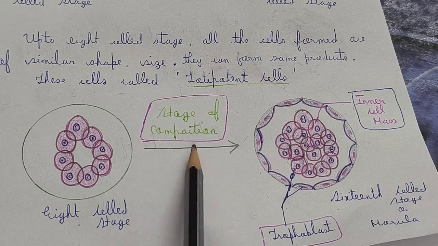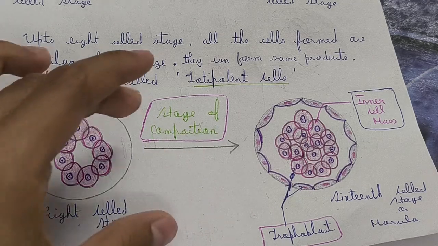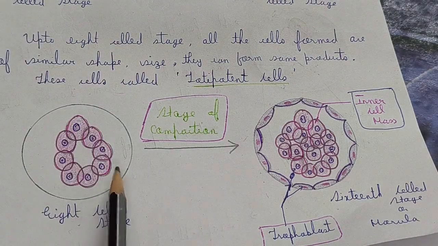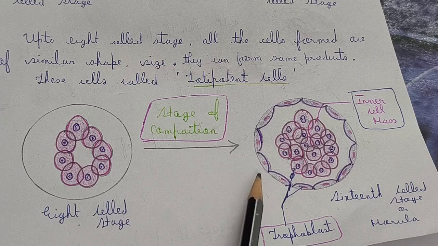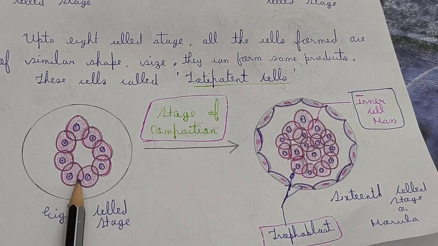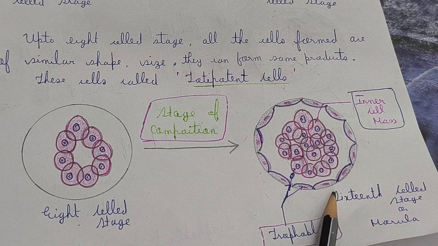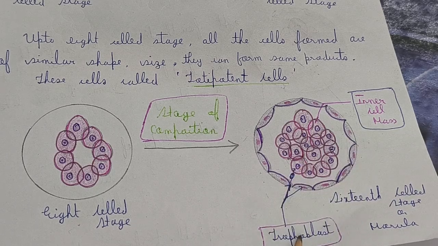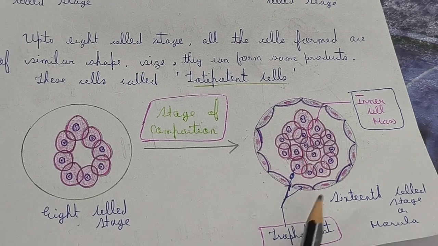That is the stage of cleavage at which differentiation occurs, and as a result, in the 16 cell stage two different cell types form, the inner cell mass and the trophoblast.